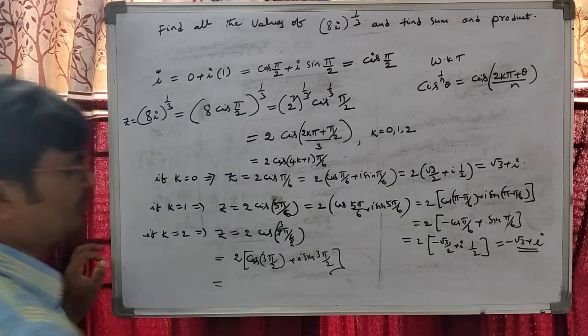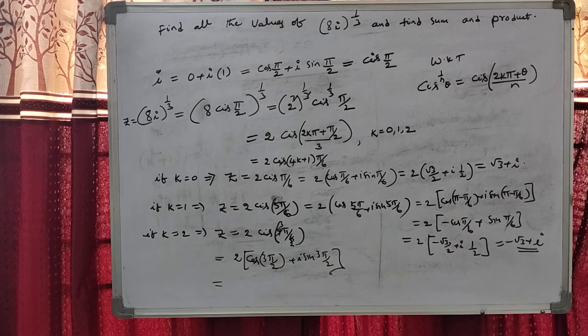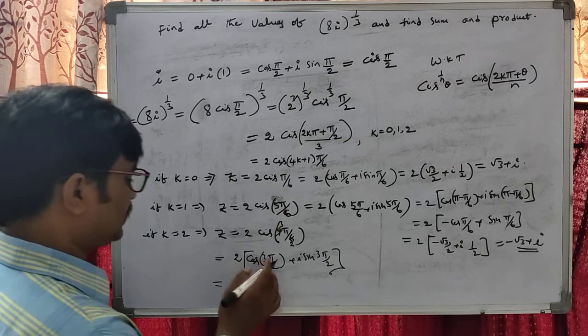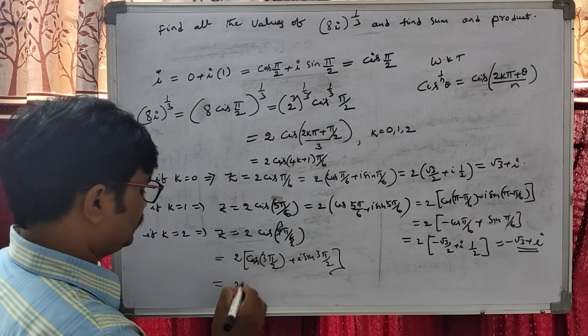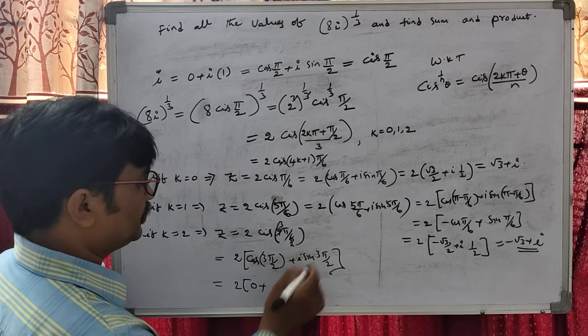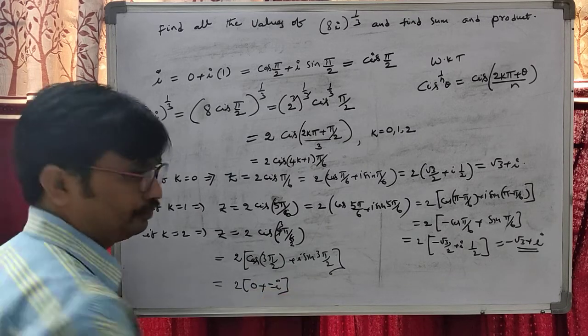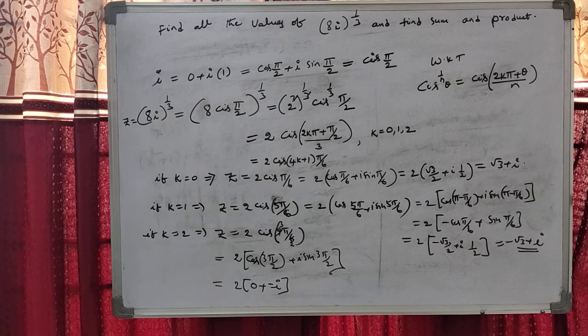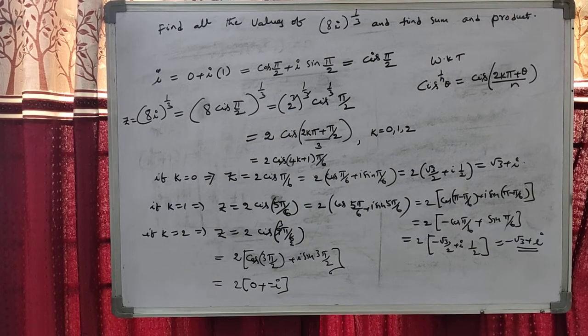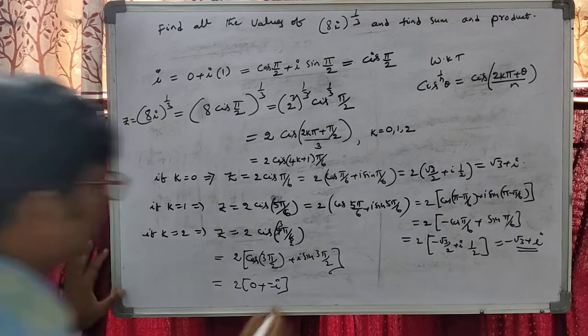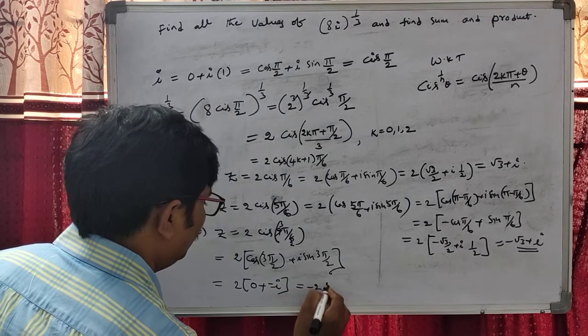Everybody knows that cos 3 pi by 2, that is cos 270, is 0, and sin 270 is minus 1. So this is minus i, and with the 2 it is minus 2i.